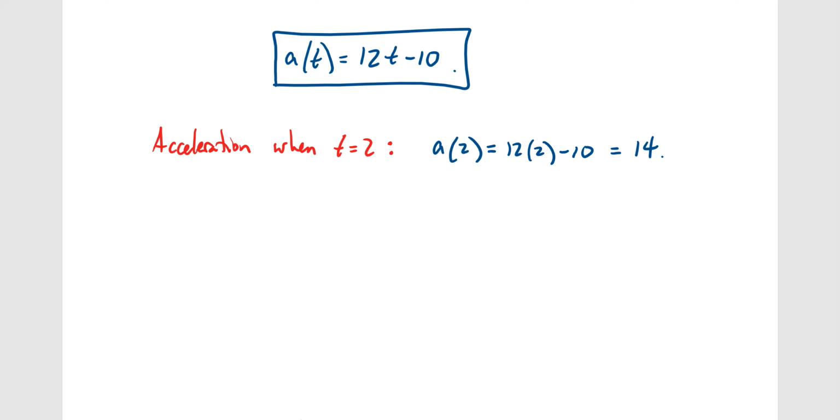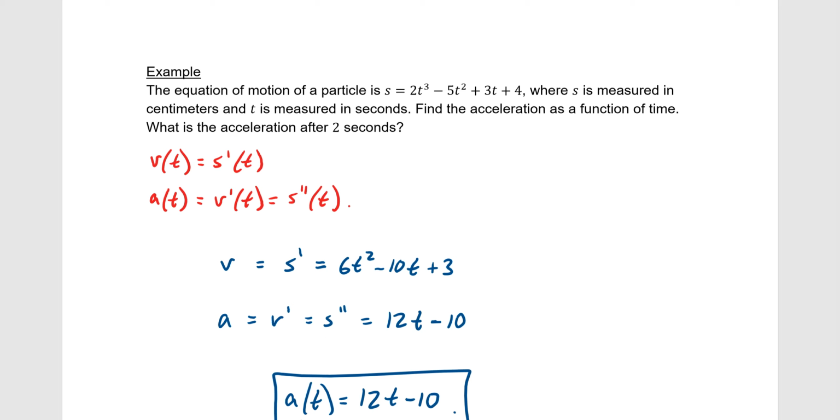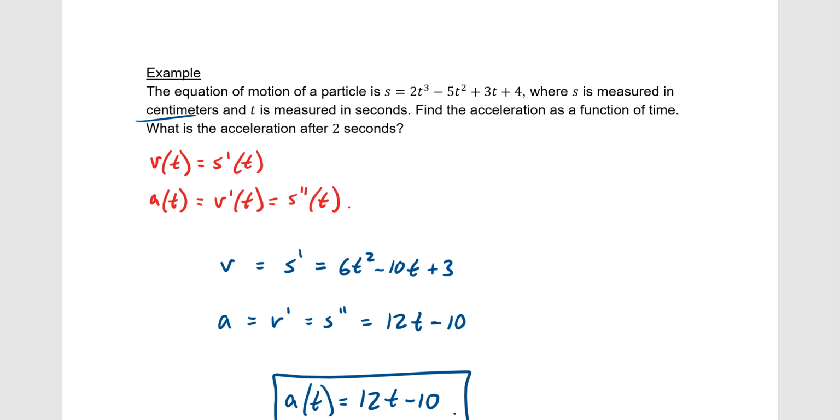So we need to think of the units here, because if we have units, we should include them. So we know our answer is 14, so what are the units? The position function was in centimeters, time is in seconds. Every time you take the derivative, when you're starting with something in centimeters, you are going to be dividing by another seconds.